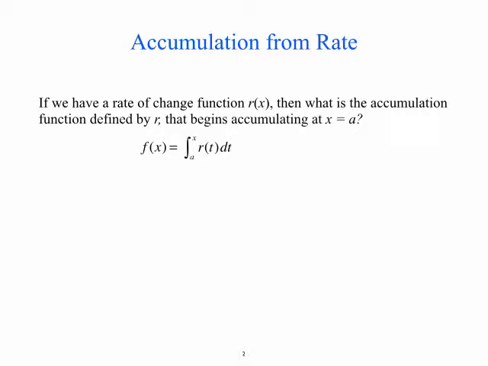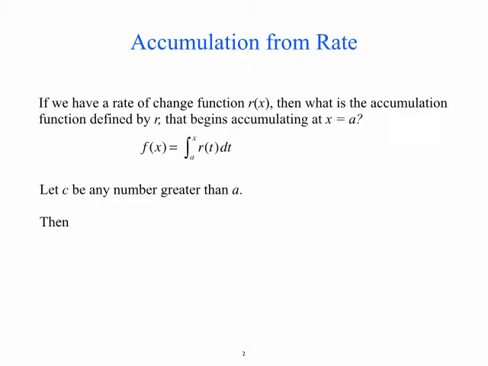So what happens if I wanted to find the accumulation not starting at A, but starting at some other value C? That's a reasonable question to ask. Can you guys think of what you might do? I want to figure out what the accumulation would be, instead of starting at A, starting at C. But I have to use what I'm given.